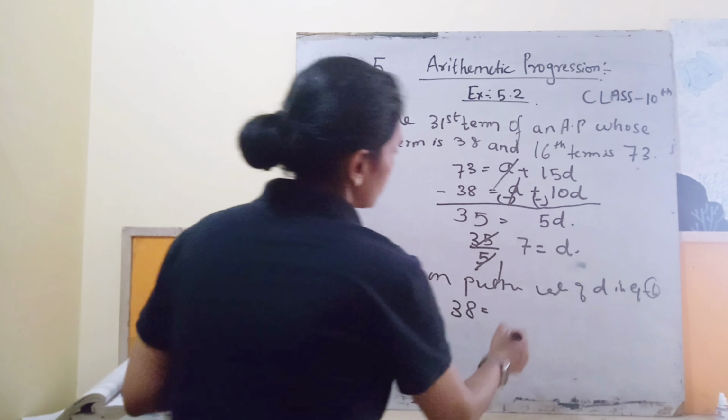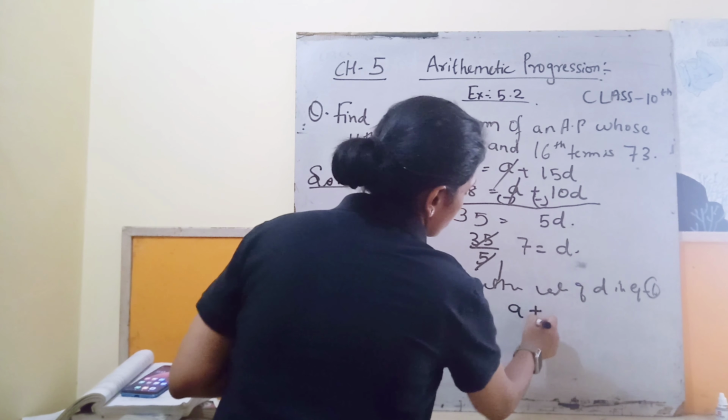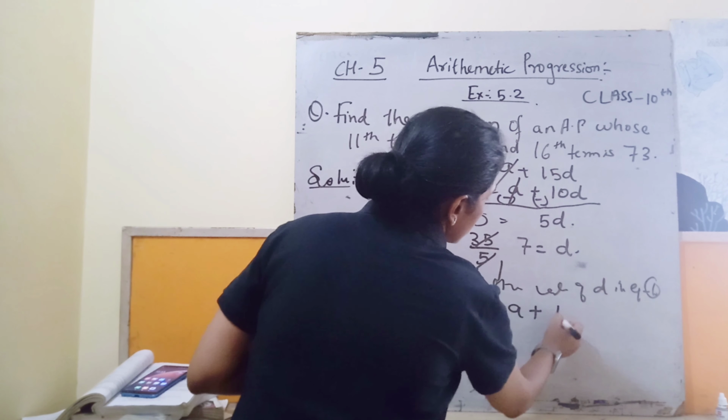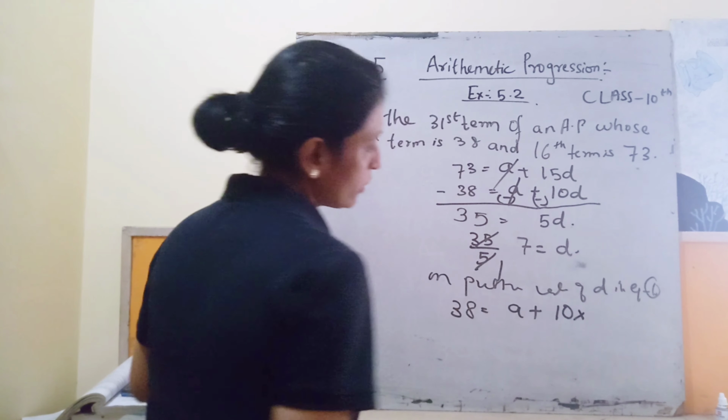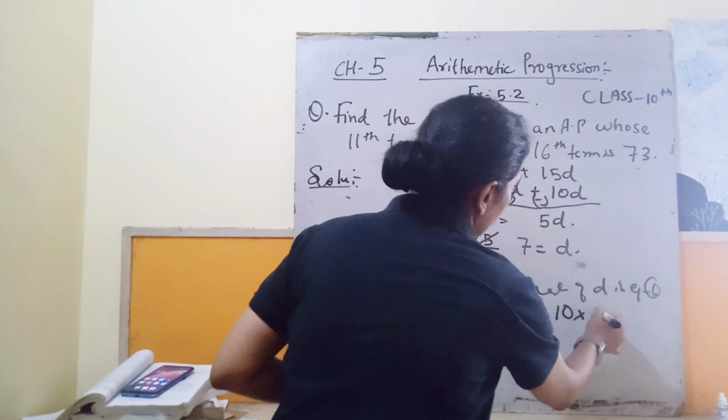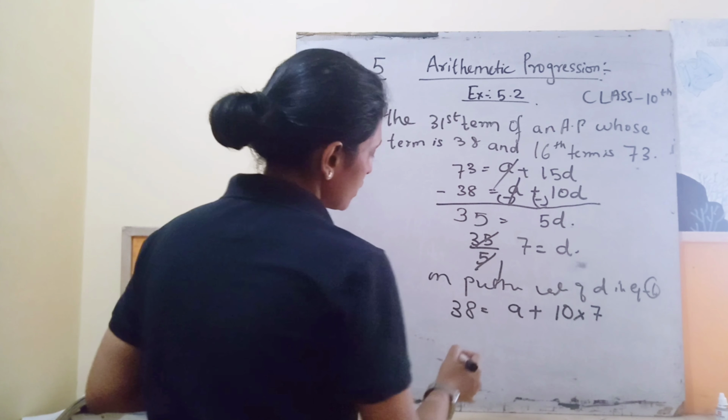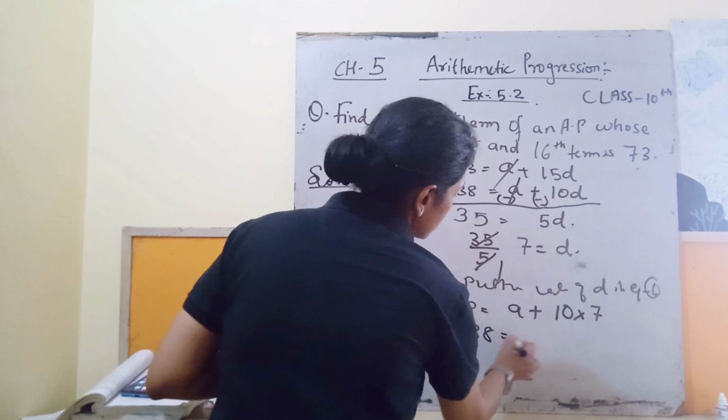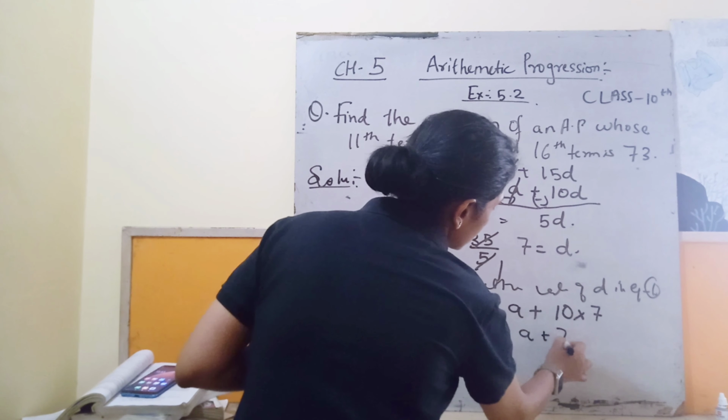38 = a, we don't know, so we will write it as it is, then 10 into the value of d here, 7. So it will be 38 = a + 70.